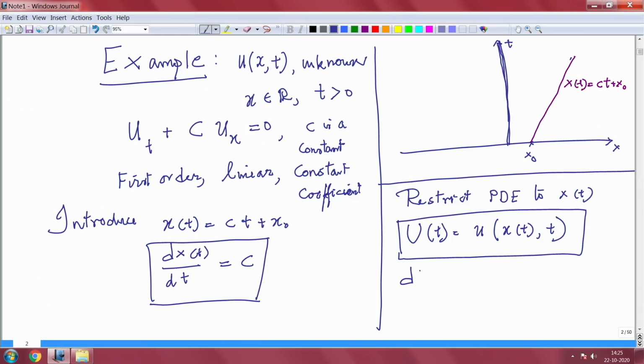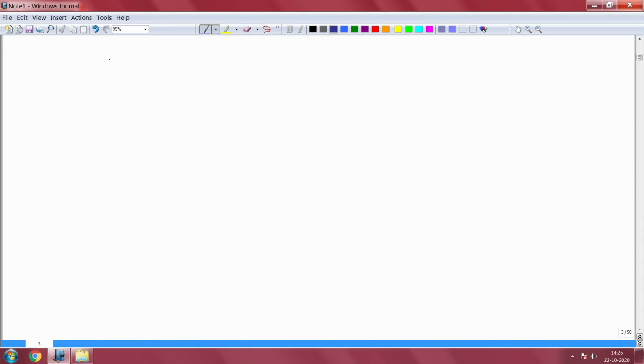So I differentiate du by dt, that is nothing but differentiate with respect to x, but dx by dt equals c, and differentiate with respect to u, and that is equal to 0. That implies du by dt equals 0, so u(t) is a constant along the line (x(t), t).